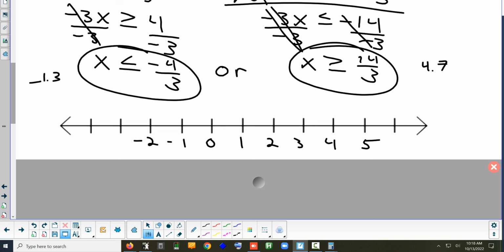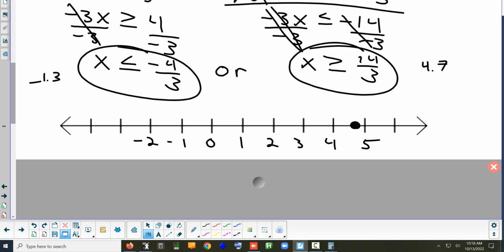All right, so let's start with the one that's 14 over 3. Can somebody explain to me, where is 14 over 3 on the number line? Kind of between like 4 and 5, close to 5. Yeah, between 4 and 5, a little bit closer to 5. Good. And what kind of circle would you put on that one? Close. Yep, that's going to be a closed circle. So we got a closed circle there. Both of these are set up the way we like it.